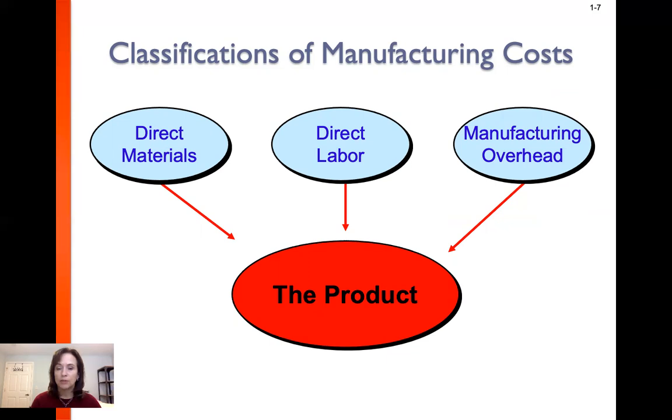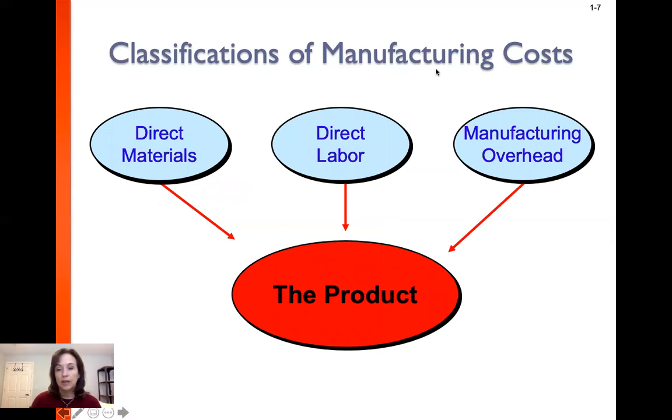So a lot of what we do will be looking at manufacturing companies. We've got companies like John Deere, Ford Motor Company, any number of companies that take raw materials and create a product.